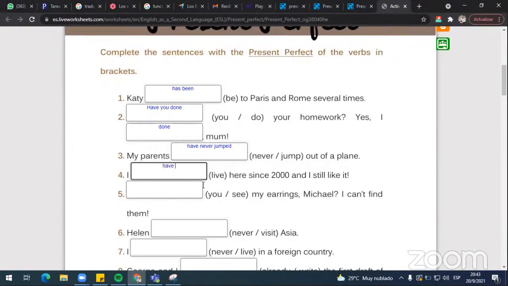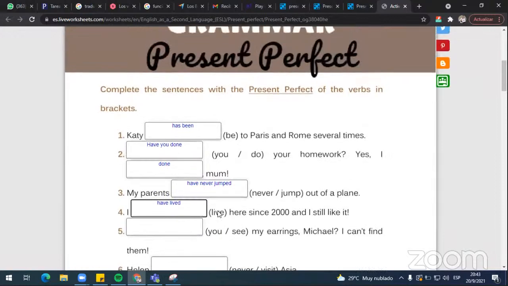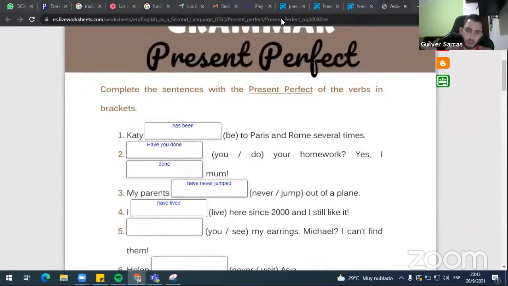Ahora vamos a ir leyendo las oraciones, por favor, ok? Thank you. I have lived here since 2000 and I still like it. Let's practice pronunciation a little bit in this part. I have lived, no?